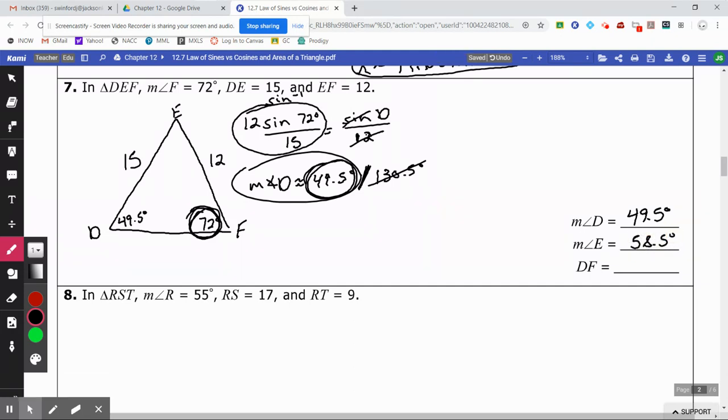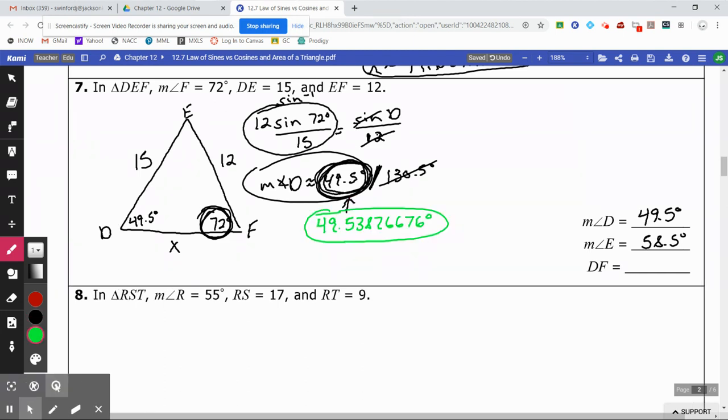So now in order to find the last piece of information, which is this side length down here, and again, I have an issue here because 58.5 is a rounded answer. If you want to get a more exact answer, we're going to have to go back up to this 49.5, and we really need more of an exact answer than 49.5.